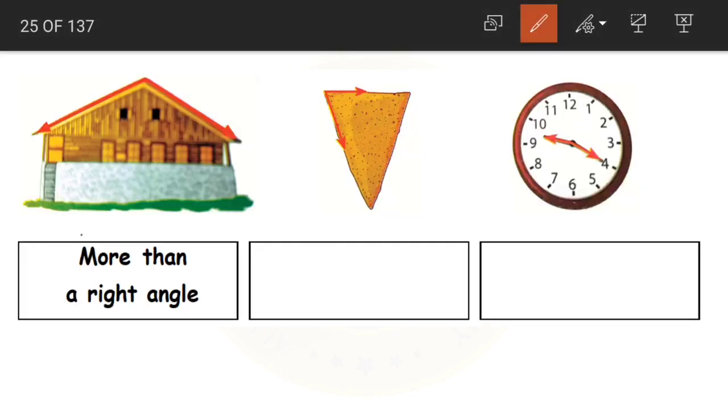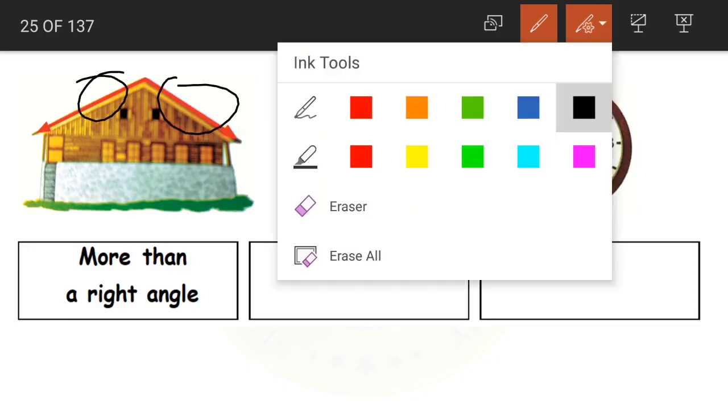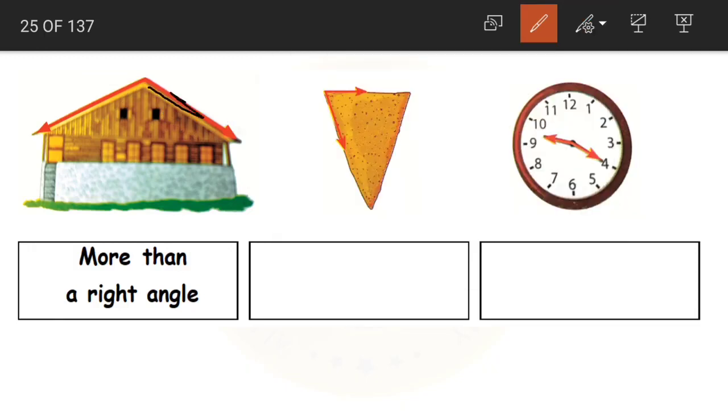Now coming to the first one, house. See again how to use this right angle tester. You have to place your right angle tester along one of the arms of the angle. You know the arm, right? Yes, these two rays will be the arms of our angle. So you should keep it like this.